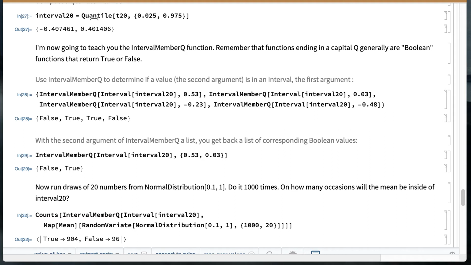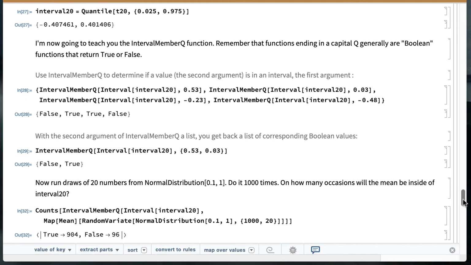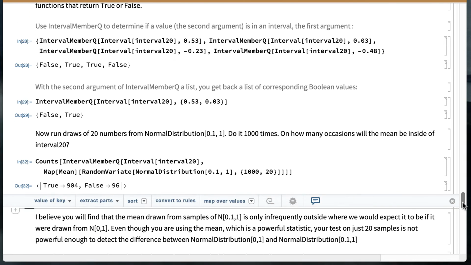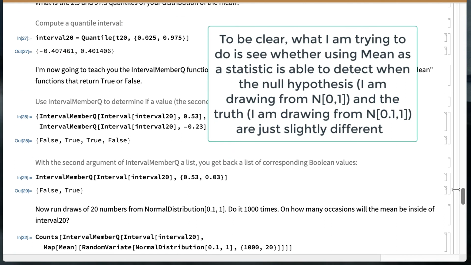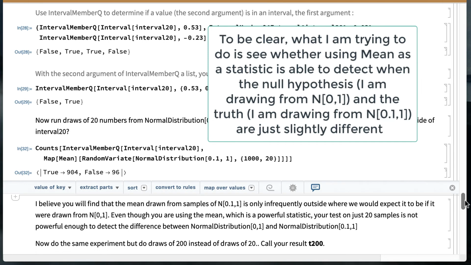Remember, this is computing where 95% of the means will lie. But I'm just wondering, if we draw from N(0.1,1), how often will the mean of 20 numbers drawn from that lie outside the interval that we get from N(0,1), so we'll be able to say, oh, I don't think that's drawn from N(0,1). So let's do this experiment.